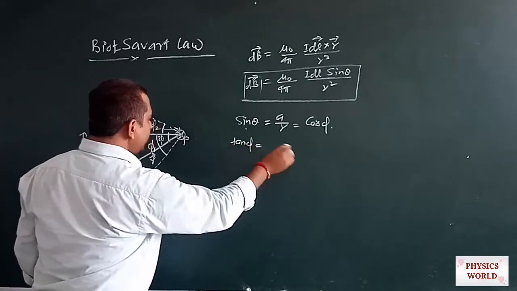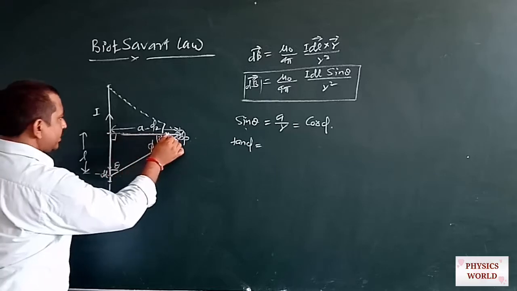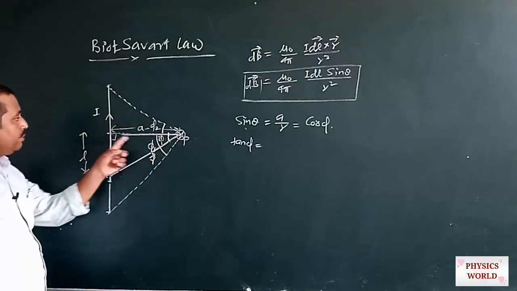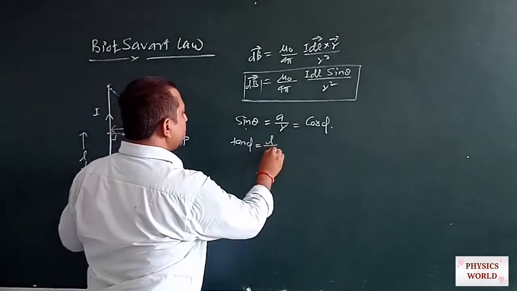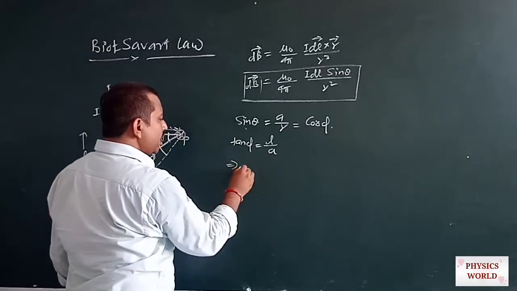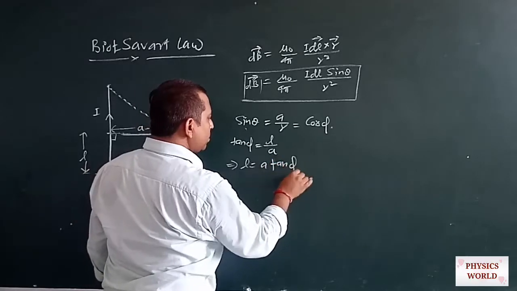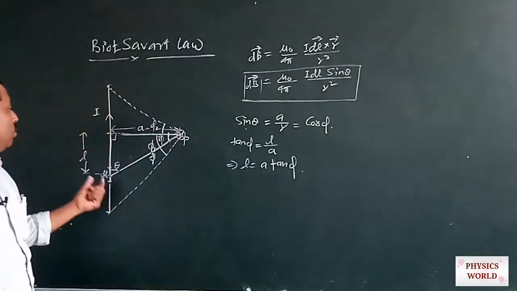Tan of phi will be equal to l divided by a, that is perpendicular divided by base. So from here we can write l equal to a tan of phi. So from here we can easily get the value of l.